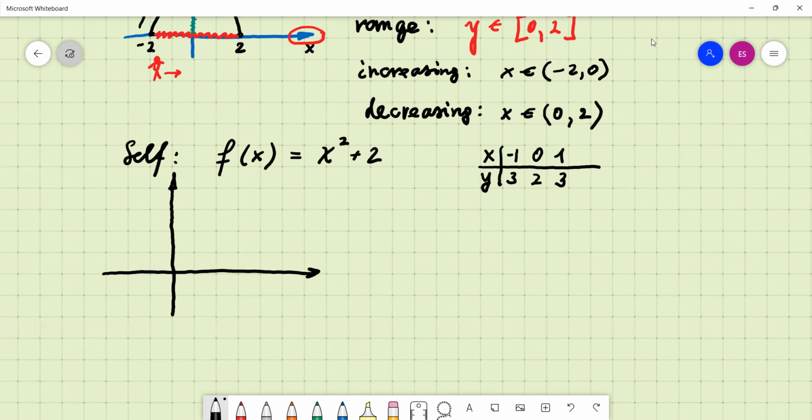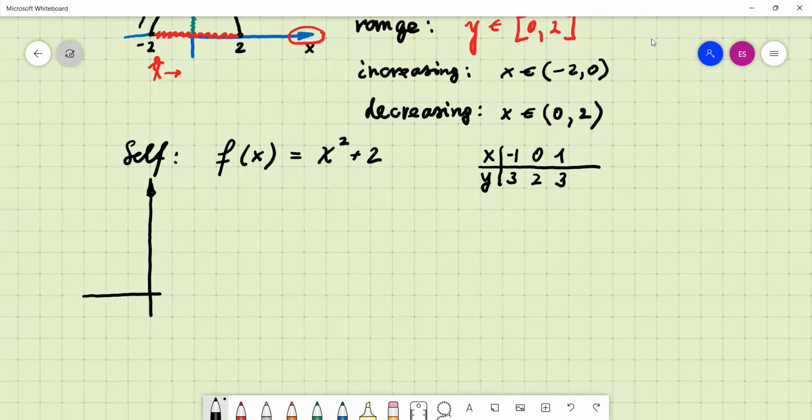Okay, well, I think I should graph my x-axis lower, maybe over here. Need to give myself more space here. Okay, let's start graphing. If we imagine that 1 is here and 1 is here and there is 0. So at -1, the function equals 3.